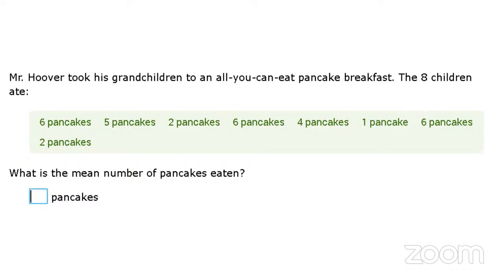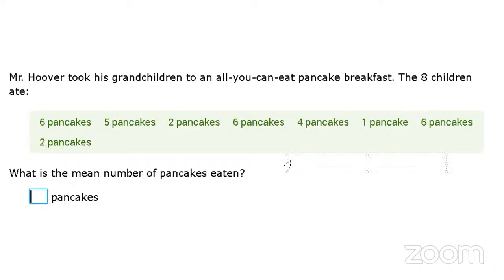All right, so Labrina and Lisa Marie added 6 plus 5 plus 2 plus 6 plus 4 plus 1 plus 6 plus 2, then divided the total which they got, which was 32, by 8, and they got 4. Nice. Very good. That's exactly how we will solve a question like this. So we add all the values.